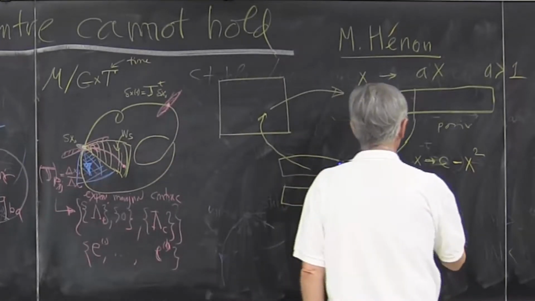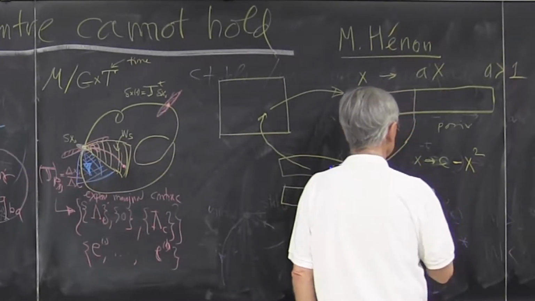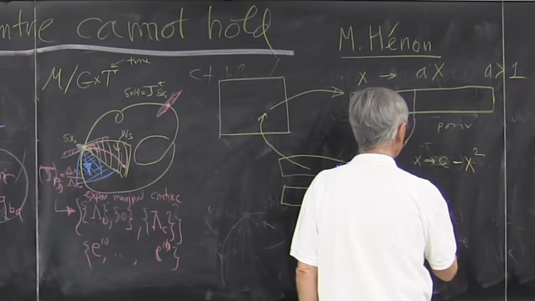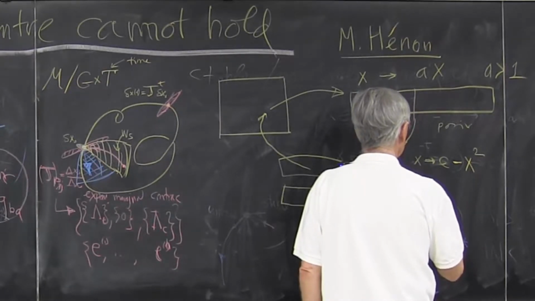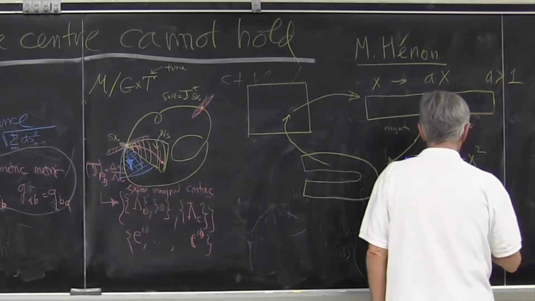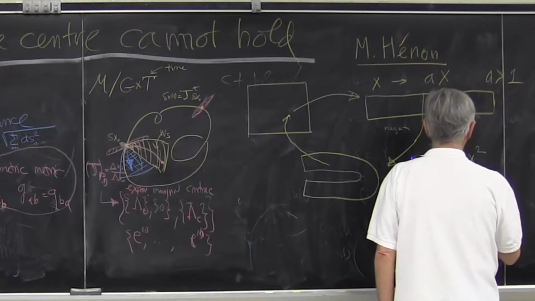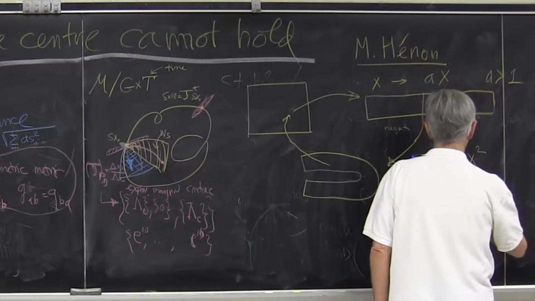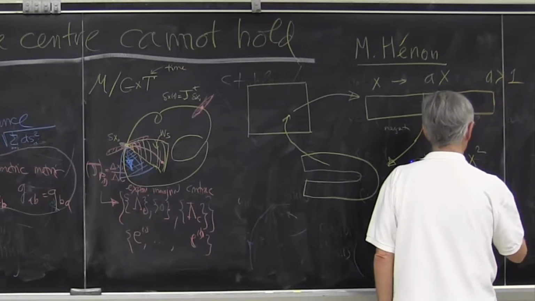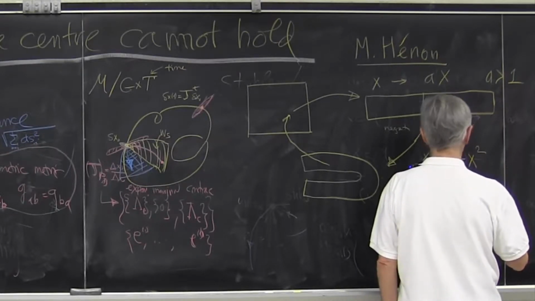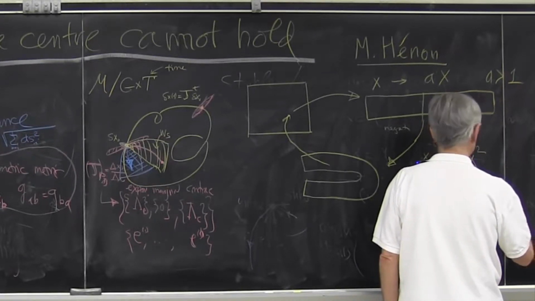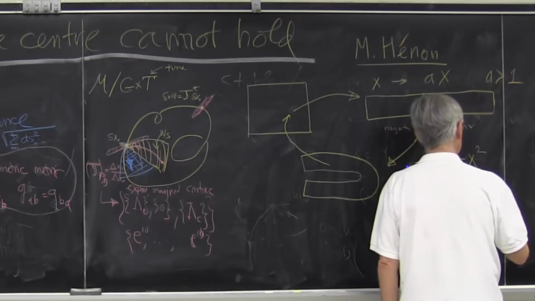So finally, he writes two equations, which I will no doubt write wrongly. So this is x and y. And the first one has a parameter a. And again, these equations will be wrong the way I'm writing them because I don't exactly remember them right now.